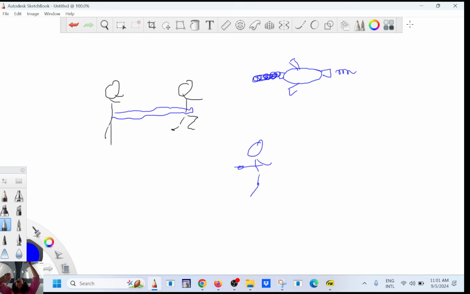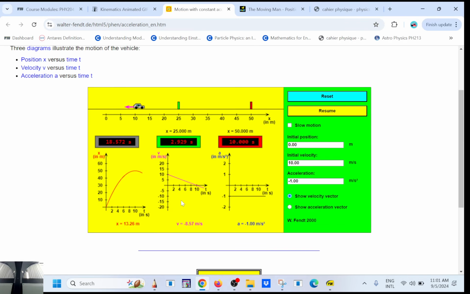And the acceleration is negative. At some point, it's going to stop. Now the acceleration is still negative because the force, the weight, doesn't go away. You always have a weight, and then the velocity will be negative, right? So you see, slow down, stop, speed up. So here it's exactly the same situation.